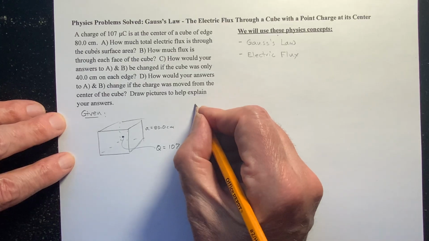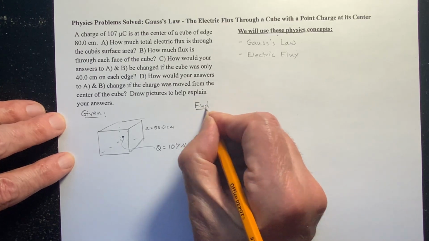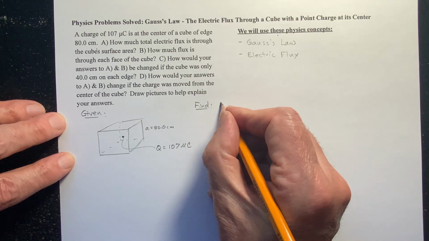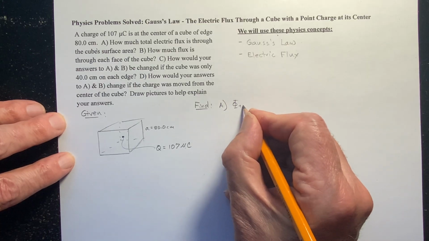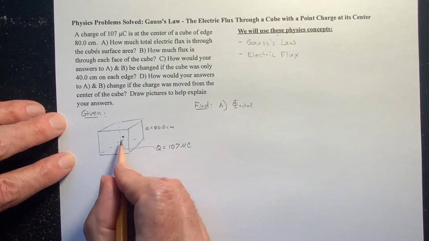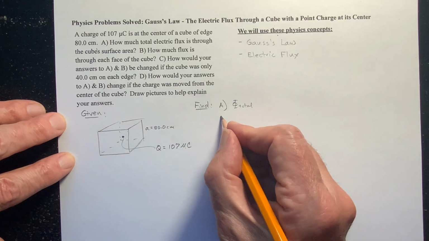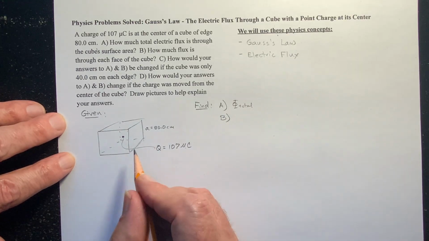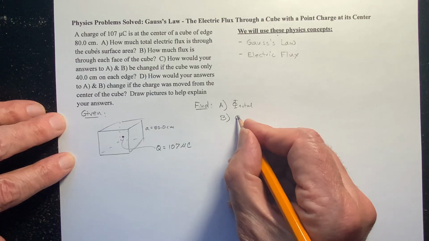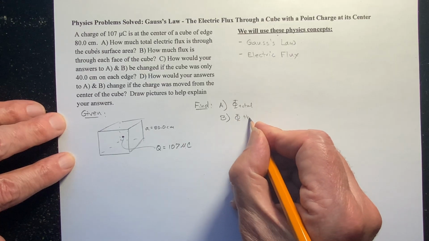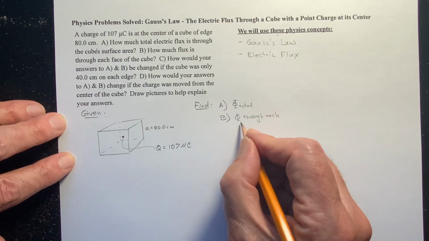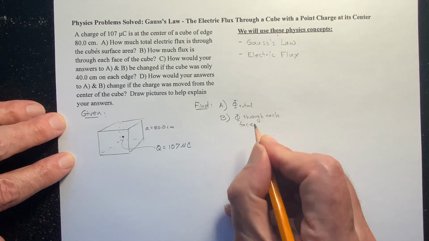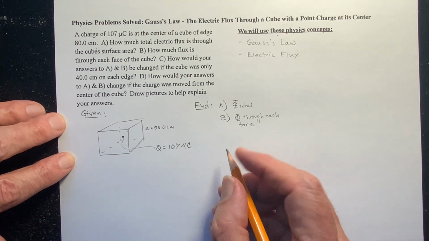And then what are we trying to find? Well, for part A, I want the total flux out of the cube from this charge. And then part B, I want to know the amount of flux through each face of the cube.